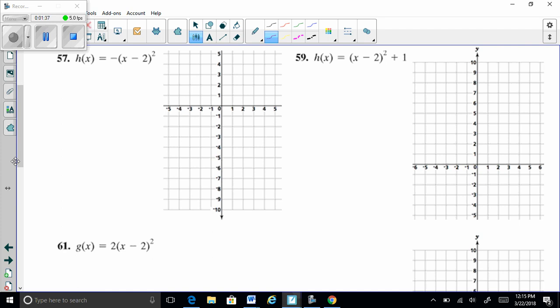Okay, so when we look at this first one right here, we got two transformations. We'll start with the horizontal transformation, which right here is telling us we're going to go to the right 2 units. And then that negative in front is going to cause the points that we're looking at to reflect across the x-axis. Once again, I'm going to start with those original points. We had a point at -2, 4, 0, 0, and 2, 4.